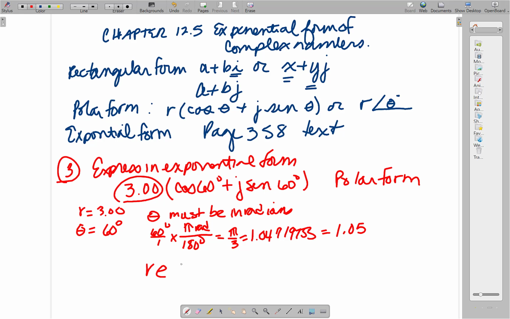And it's raised to the j times theta. So we get 3.00 e to the, what's our theta? 1.05. And we need a j. And that is it. That is our exponential form.